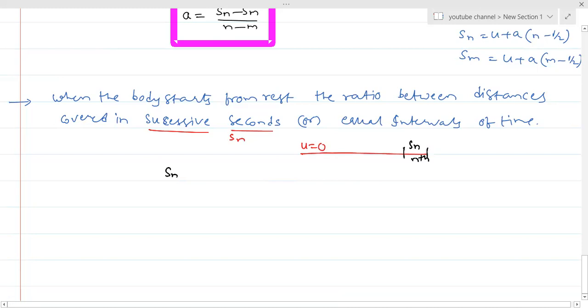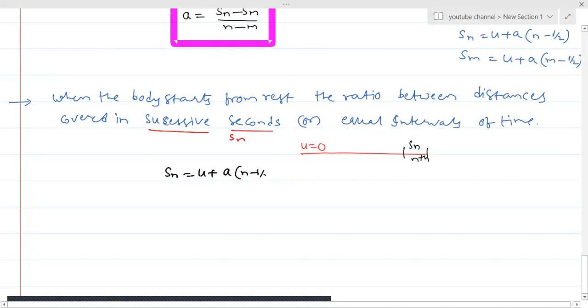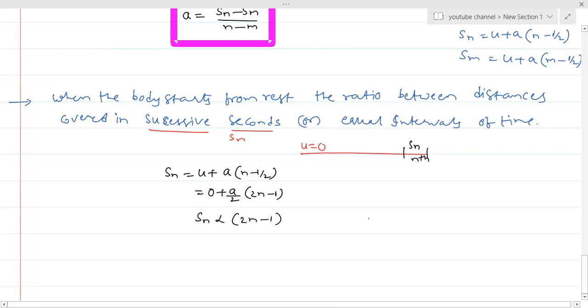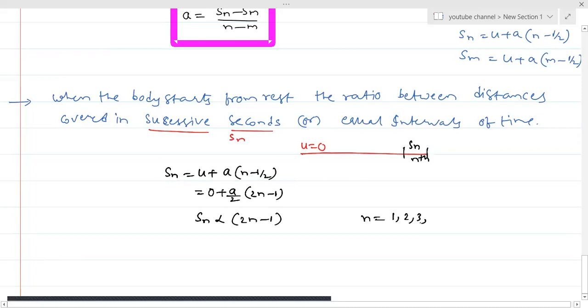So we have the formula Sn equivalent to u plus a into n minus half. Or we will write 0 plus, by taking 2 as LCM, a by 2 into 2n minus 1. Finally, Sn is proportional to 2n minus 1, where n carries values 1, 2, 3, up to infinity.